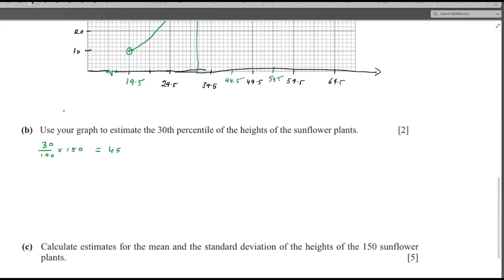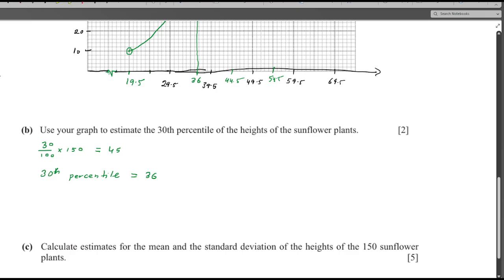So I will say that the 30th percentile is equal to 36. You just mark it as 36. Now calculate the estimate for mean and standard deviation.